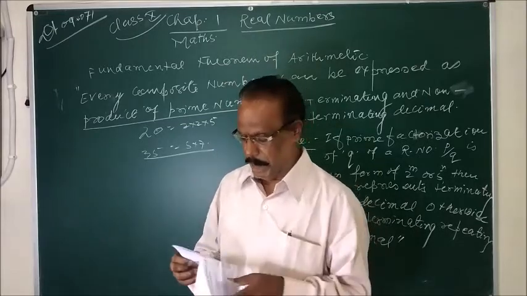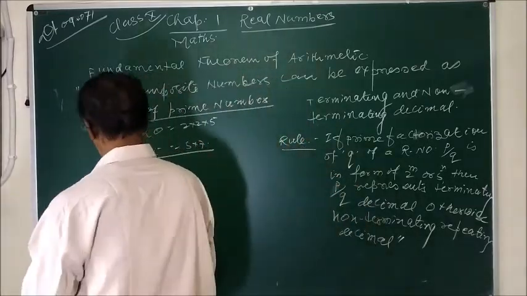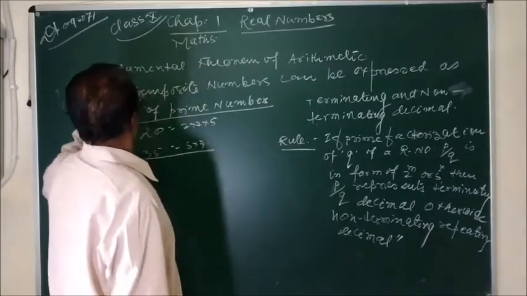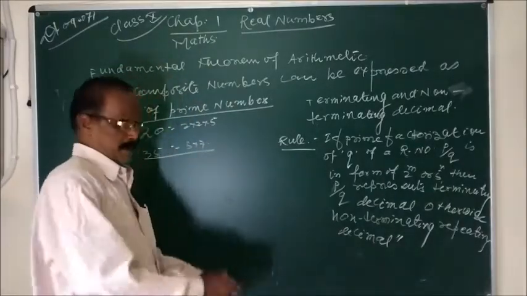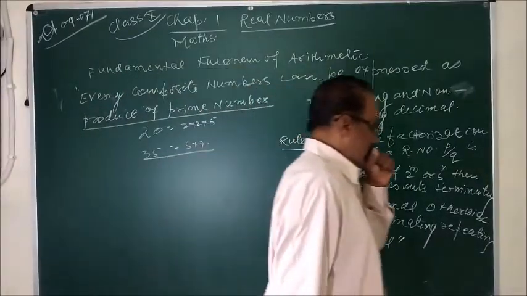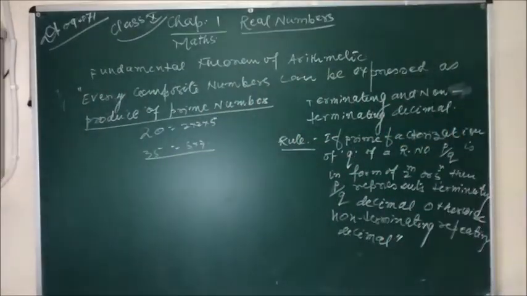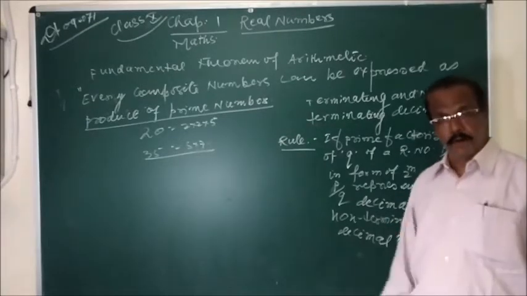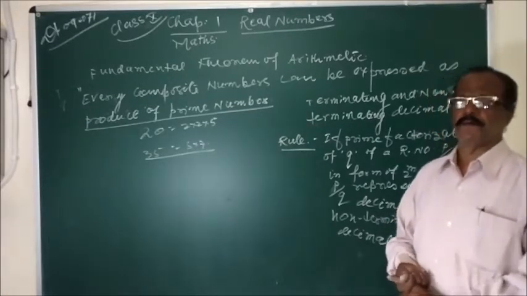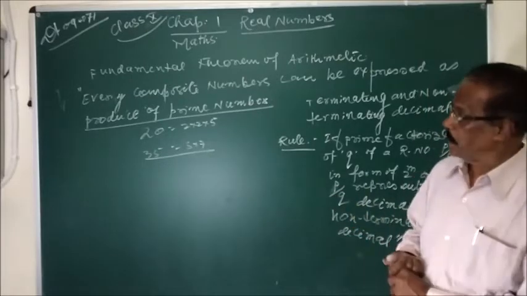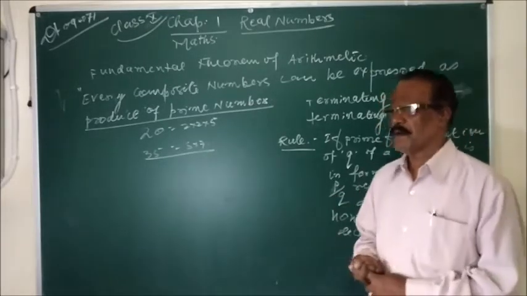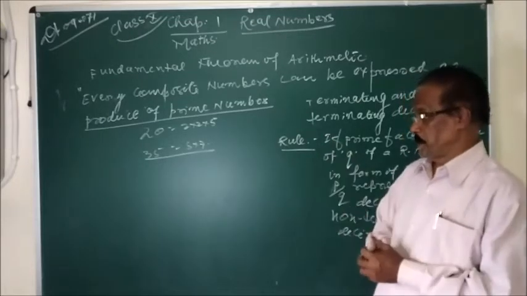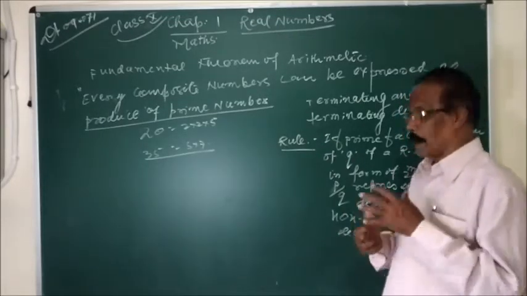Now the second thing which you have to learn is the fundamental theorem of arithmetic. Euclid's division lemma has been removed from the syllabus, and therefore you don't concentrate on that lemma. Now you see fundamental theorem of arithmetic.